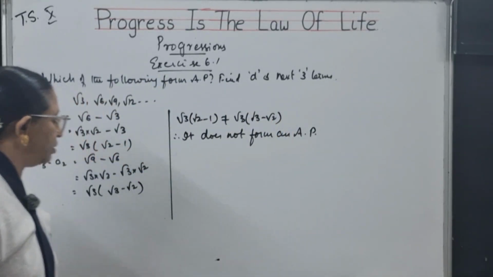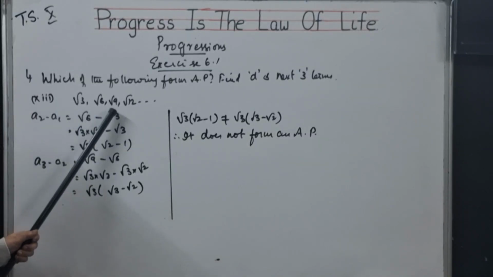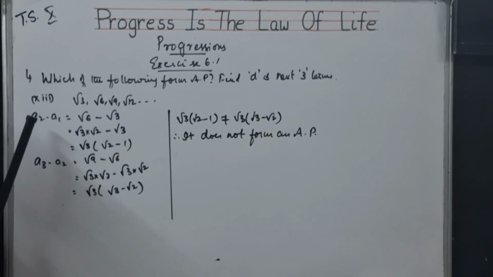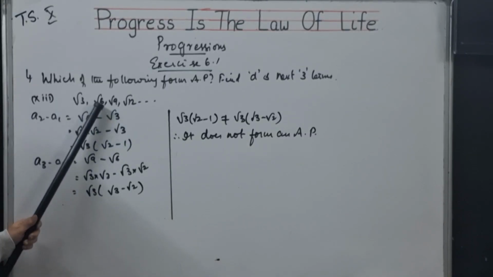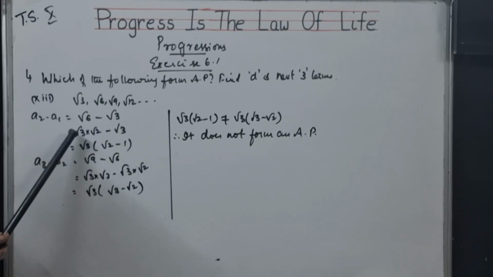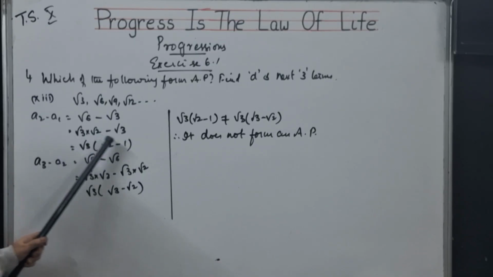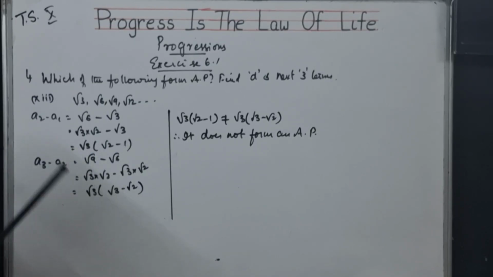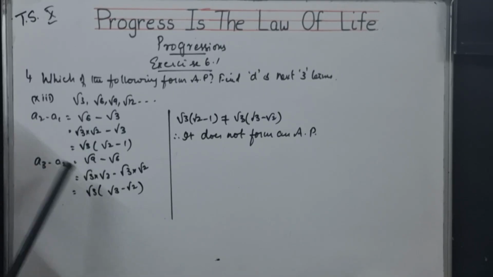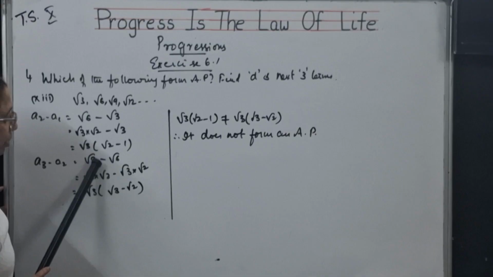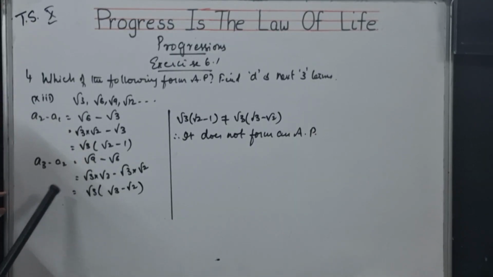So let us see once again, children. Root 3, root 6, root 9, root 12, so on they have given. A2 minus A1 is root 6 minus root 3. Root 6 can be written as root 3 into root 2, 3 2s are 6, and root 3 here. In these two, root 3 is common. Into root 2 minus 1 we have got on simplifying this. A3 minus A2, root 9 minus root 6. Root 9 means root 3 into root 3, 3 3s are 9.